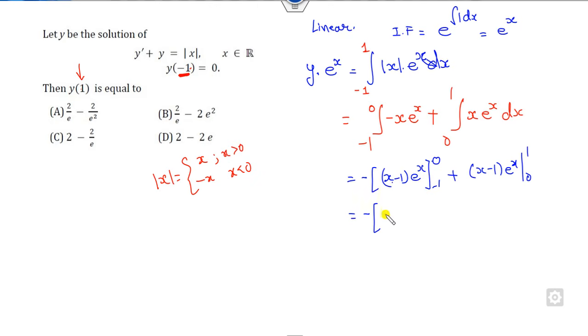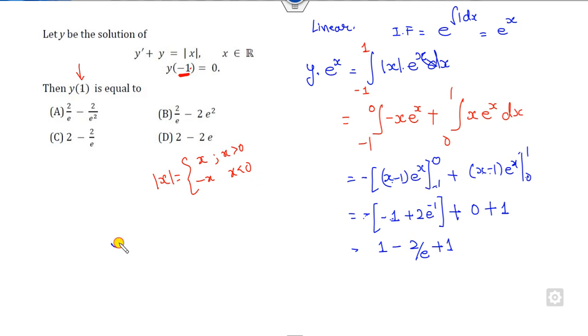If you substitute 0, it will be -1. If you substitute -1, it is -2, so it's a plus 2 e raised to power -1. Substituting 1 gives 0, minus 0, so it's a plus 1, and a plus 1. If you open them, it's a plus 1, a minus 2 over e, plus 1.